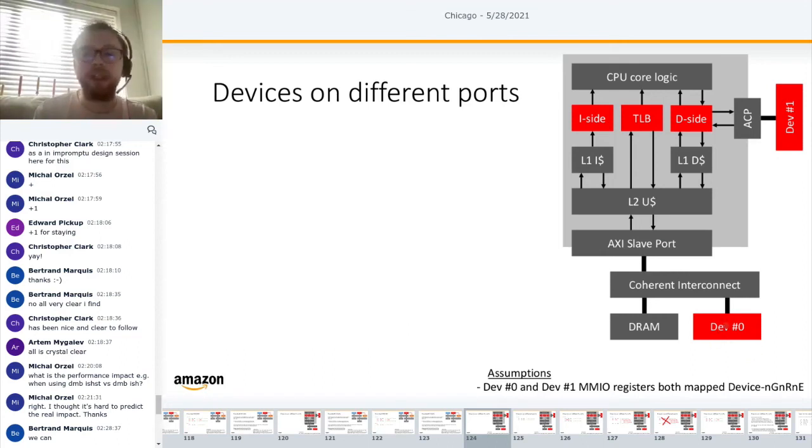Maybe this device here is a UART, for example. Maybe it's some sort of debug logging infrastructure, and when I do a write to this, it's sort of like tracing and stuff. So just as an example. And over here, we've got something called an ACP, which is short for an accelerator coherency port. The idea of this is that you can attach a non-coherent master to the ACP, and it makes that master cache coherent.